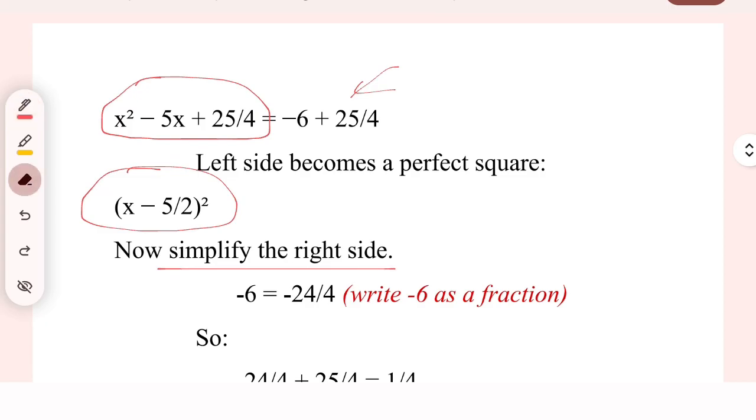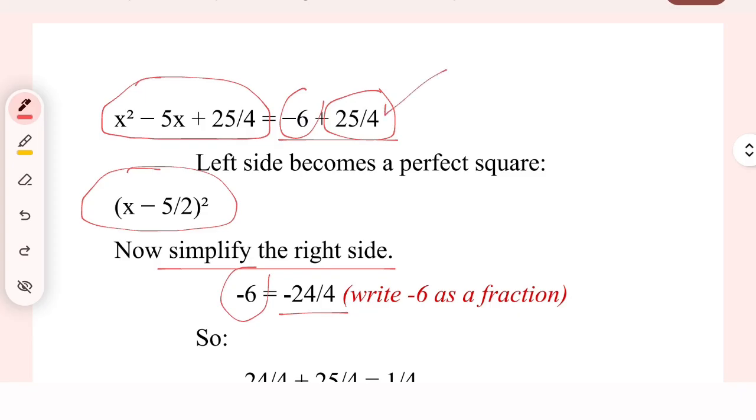All right? Because in the right side, we have negative 6 plus 25 over 4. You cannot add it directly because 25 over 4 is a fraction. So 25 over 4 plus minus 6. But minus 6, we can rewrite as a fraction.